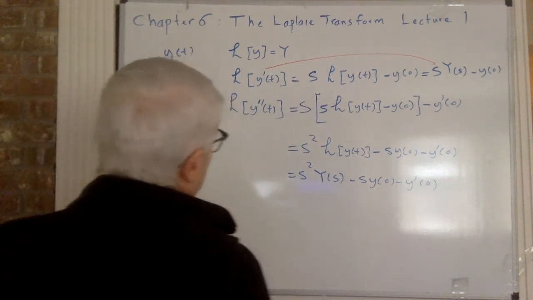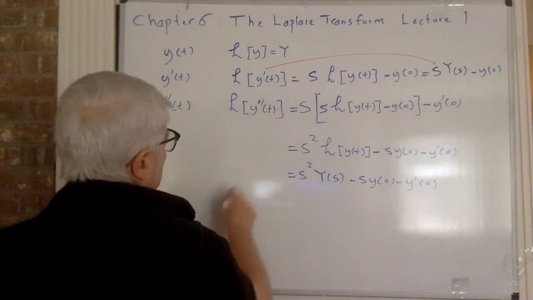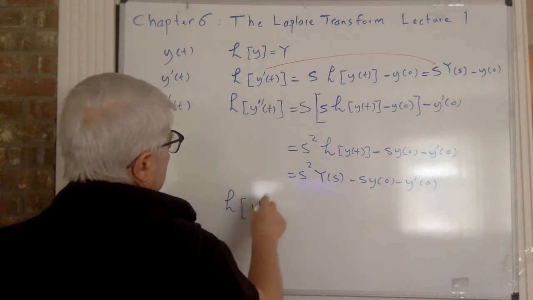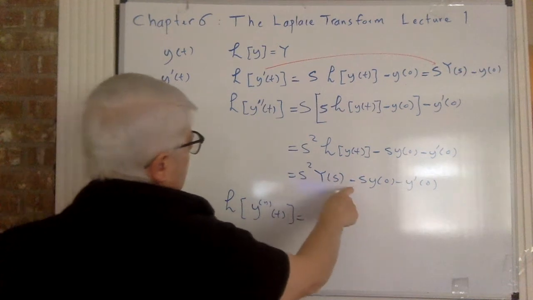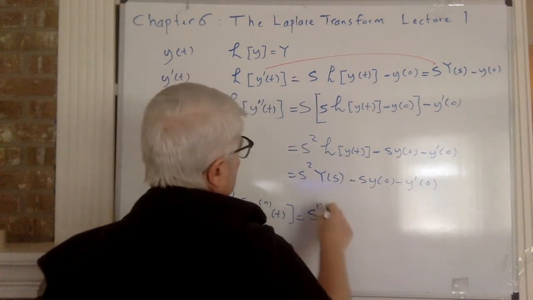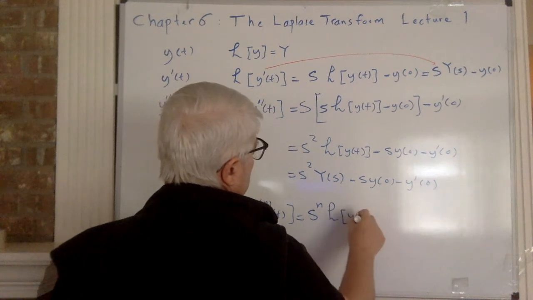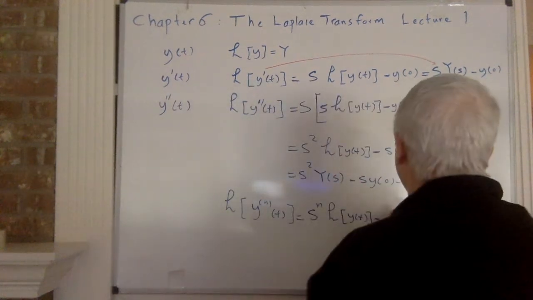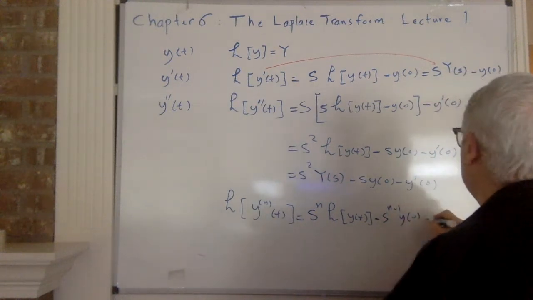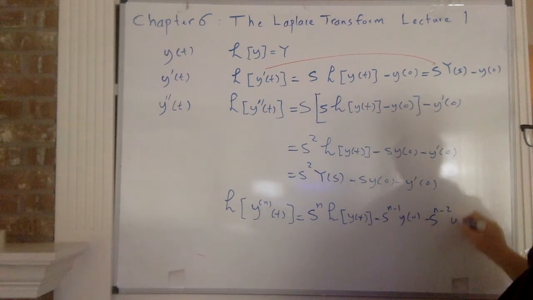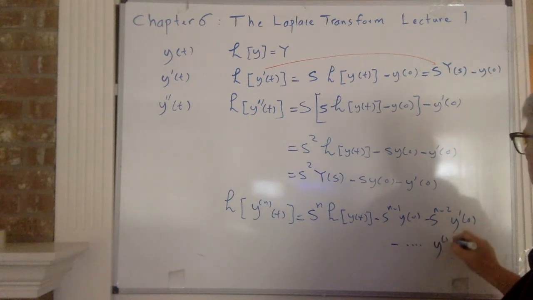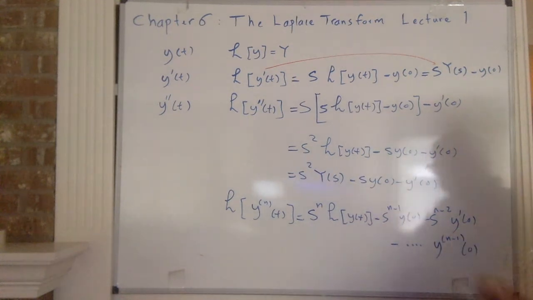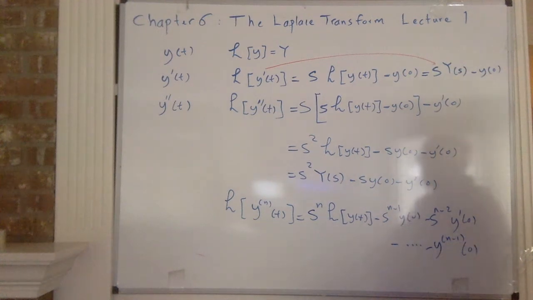You can continue this way, and by induction you get s^n L of y(t) minus s^(n-1) y(0) minus s^(n-2) y'(0) minus dot dot dot, and the last one will be y^(n-1)(0) without any s. So by induction you can find this.